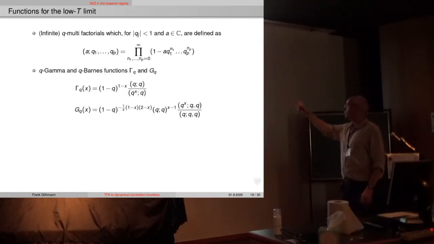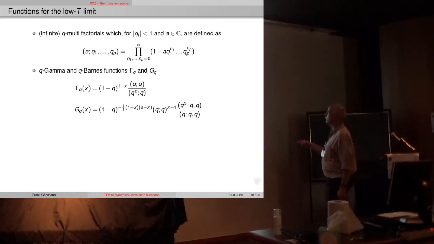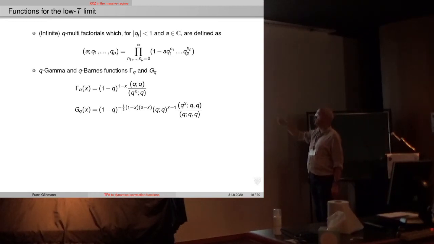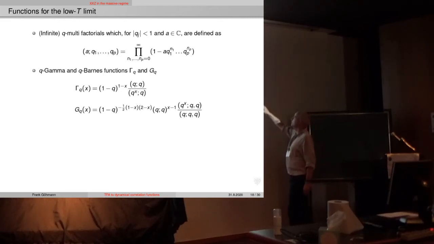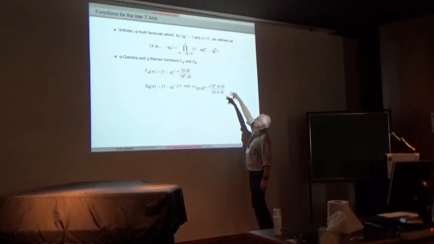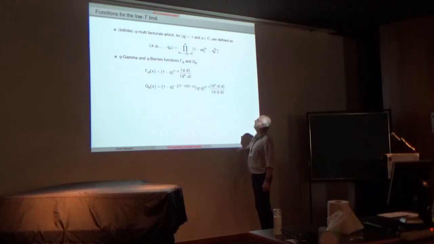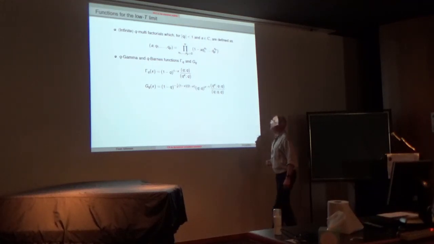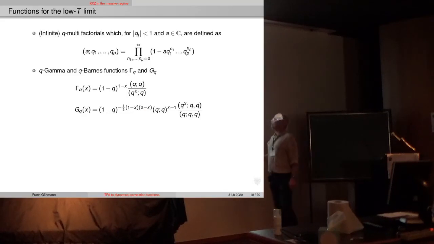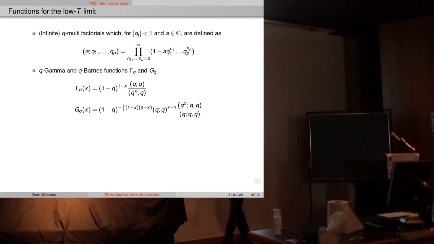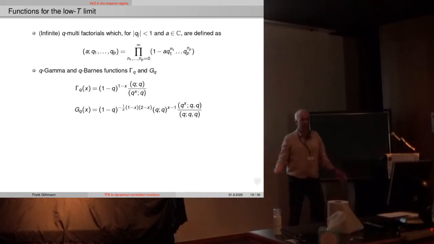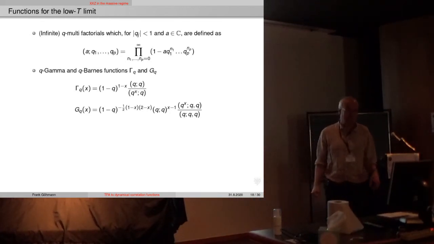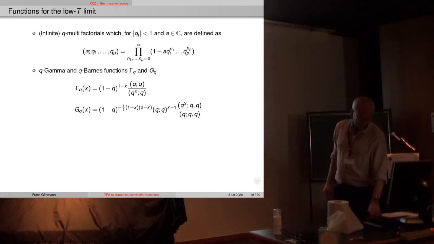And then the gamma function is basically 1 over the Q factorial with something, and the Barnes function has the product in the numerator and some integration. So some people don't like this. For instance, Jimbo and Miwa just use Q factorials.